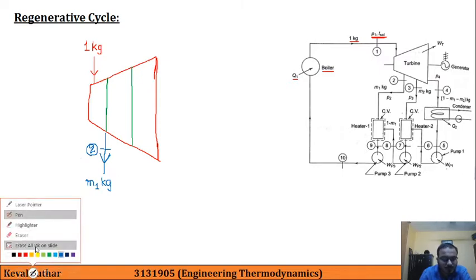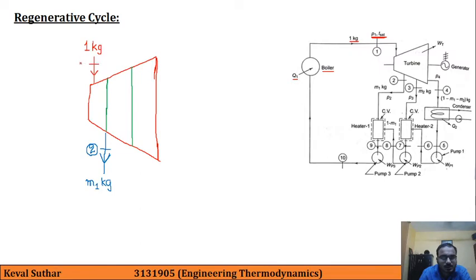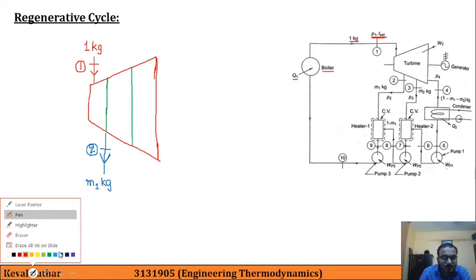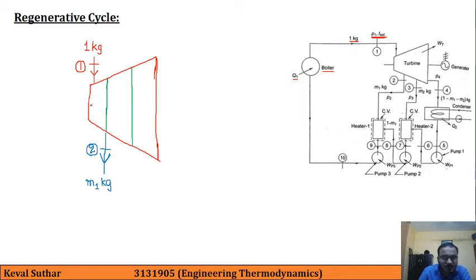Here it was 0.1, and then if you see carefully, the quantity of steam which is passing through our first part is 1 kg, and as you can see that now we don't have M1 kg, so the quantity of steam which is left is 1 minus M1 kg.